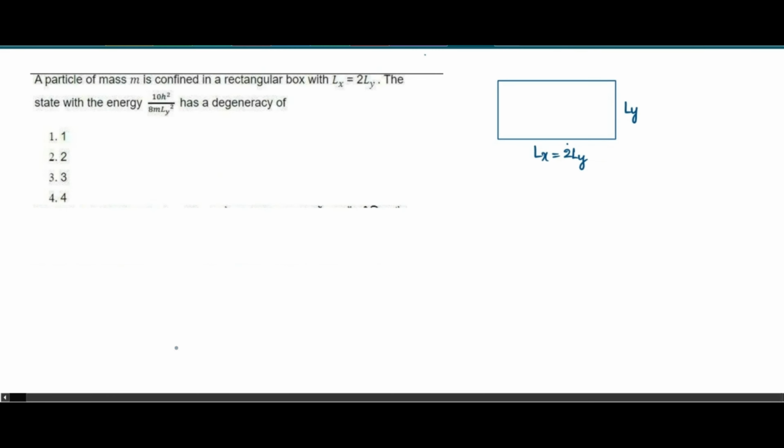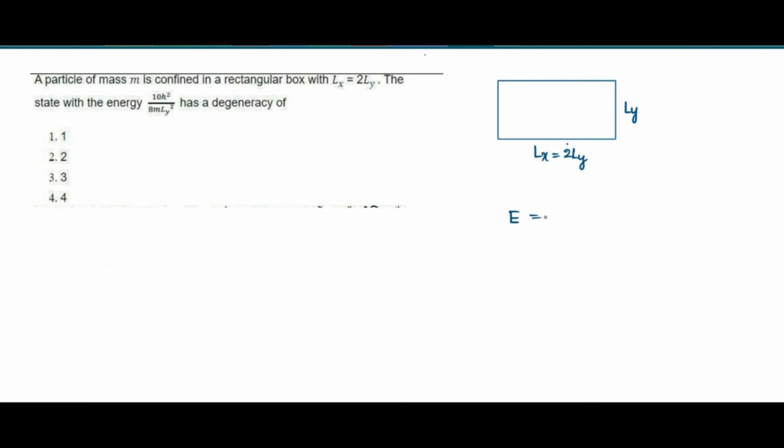So first, let's try to find the equation. For the rectangular box, the energy is equal to nx square h square by 8mLx square plus ny square h square by 8mLy square. This is the energy corresponding to a rectangular box.